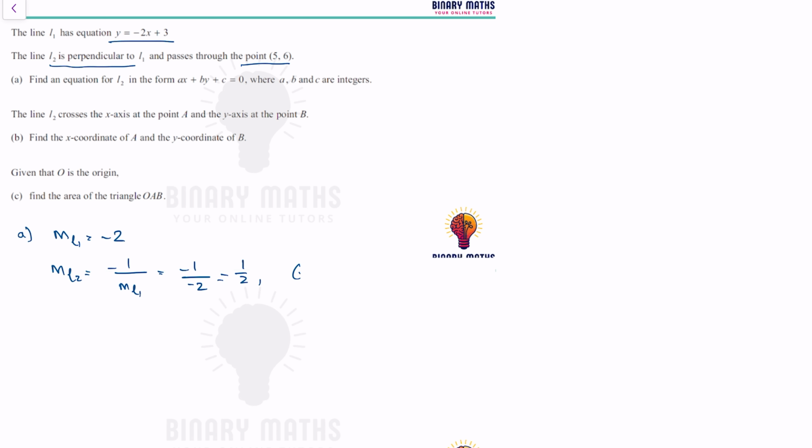We also know a point that it goes through is 5, 6. Okay, so using y minus y1 is equal to m times x minus x1, we get y minus 6 is equal to half times x minus 5.